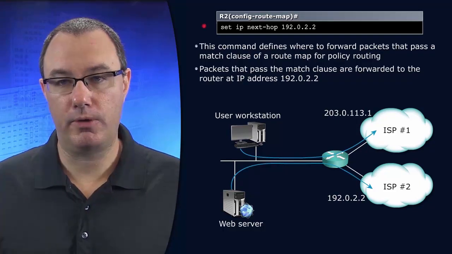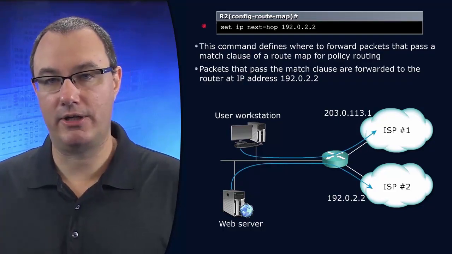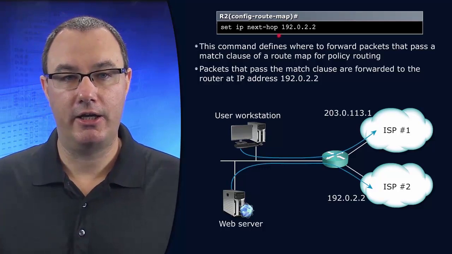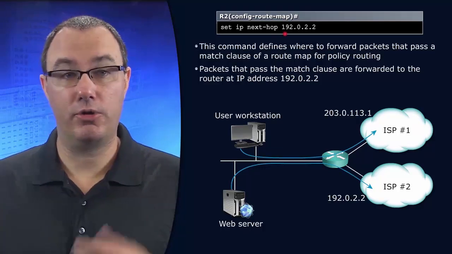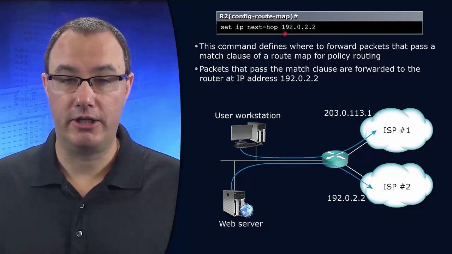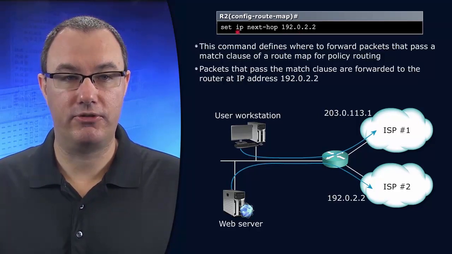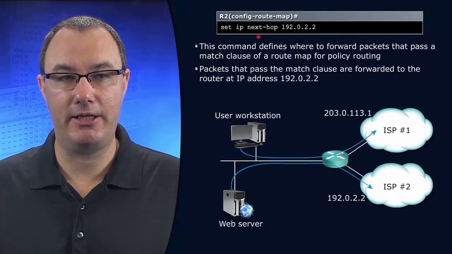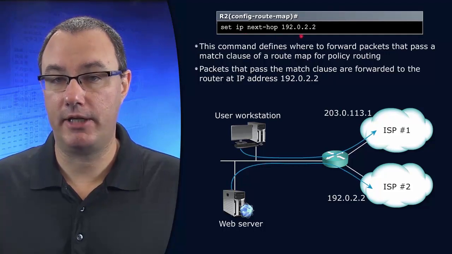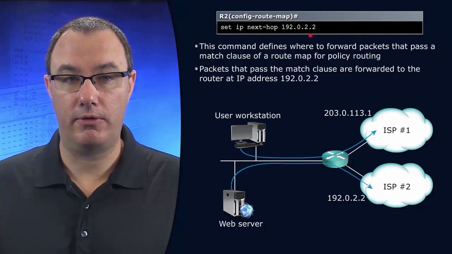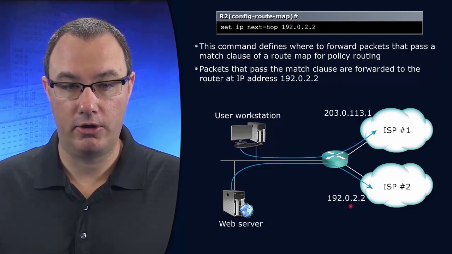And so what we do to override the routing table is we say, instead of going to that next hop router, go to this next hop IP address, which is generally referencing a next hop router. So we say set IP next hop, give it the IP address of the router, and in this case, we see that here.